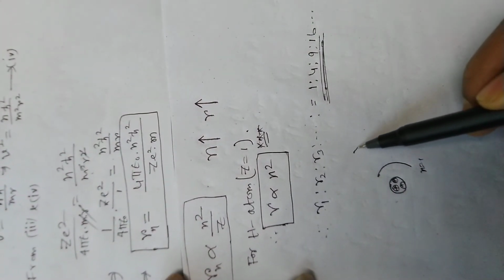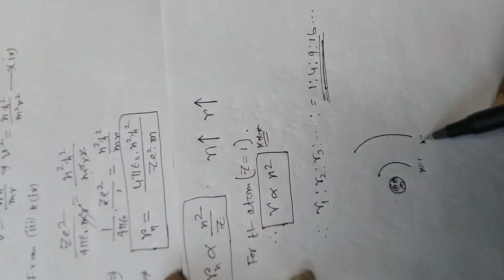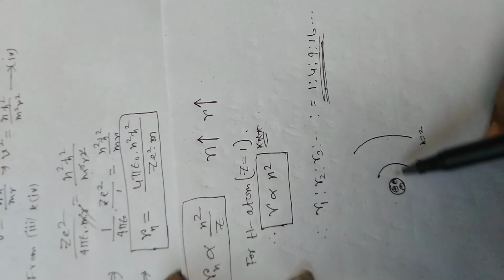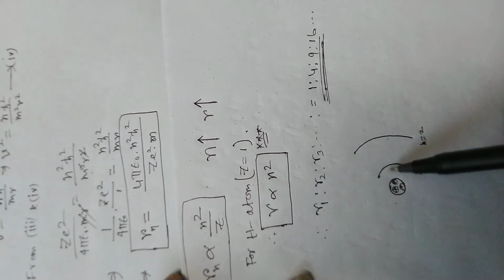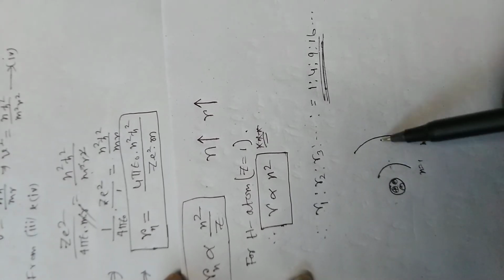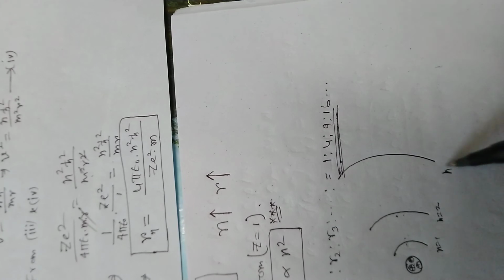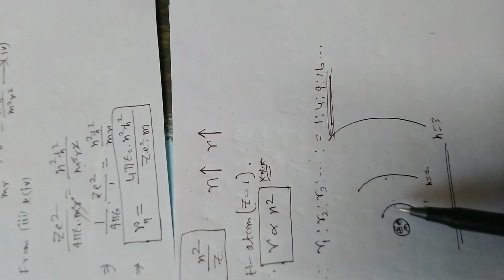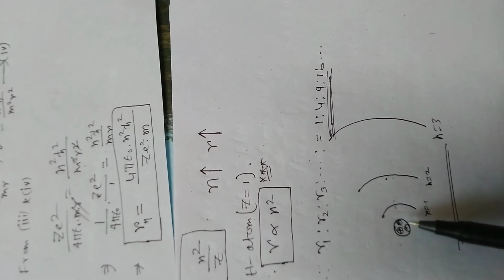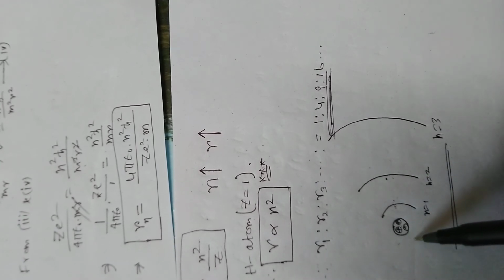This will be n equal to 2, not the same distance from the nucleus. This distance is much more than this distance, and that should be 4 times. For the third it should be 9 times, like this, n equal to 3. You have to draw the radius of the different orbits in this way. This is our nucleus.